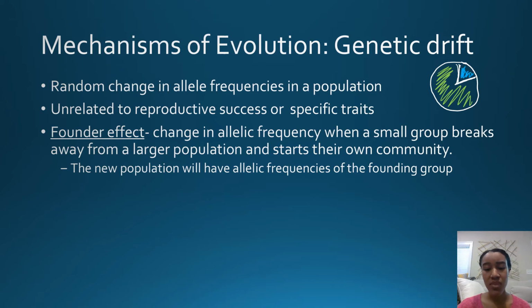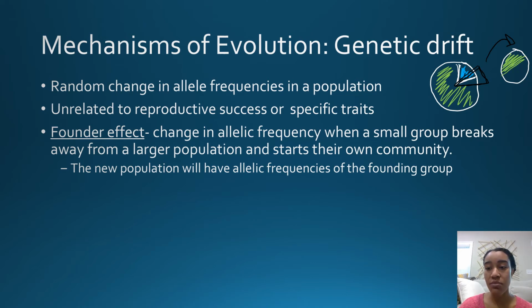Okay. If a small subset of this population of frogs, let's say this group here, were to leave and start their own population, we might see something like 50-50.